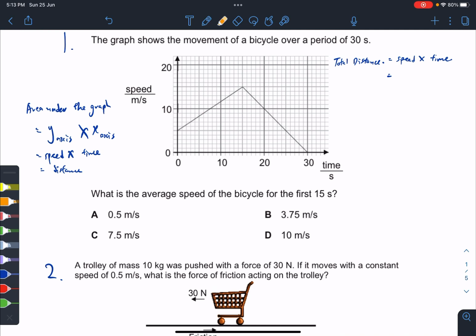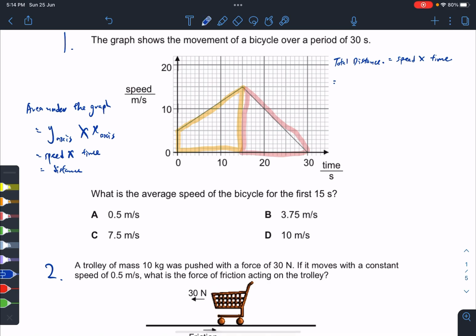You realize that in this case, the graph has two shapes, more or less. For the one on the left, you need to find the area.